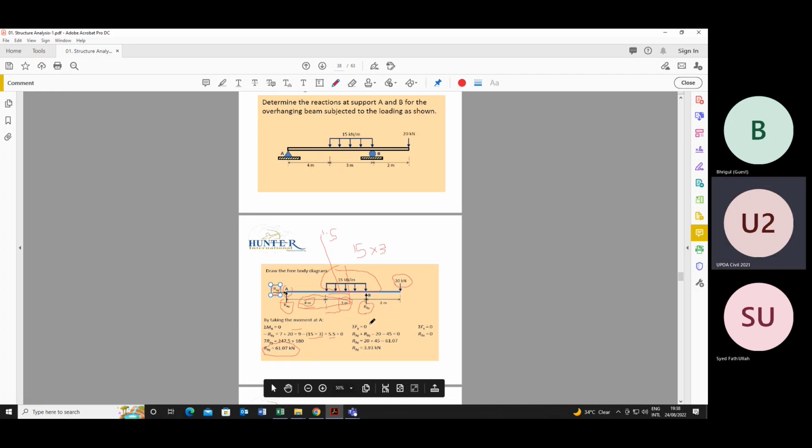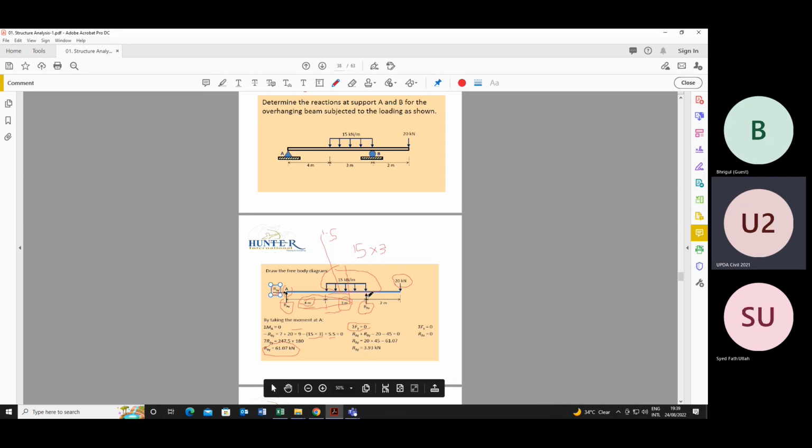So let's talk about summation Fy is equal to 0. From the first equation, summation of moment at A is equal to 0, we got RB, the value of reaction RB. Now let's consider summation Fy is equal to 0. So summation Fy, that is, summation of all the vertical forces, would be equal to 0. So we have 1, 2, 3, and 4 vertical forces.